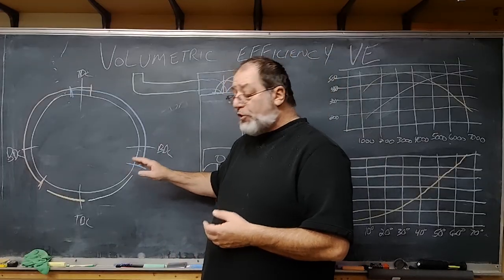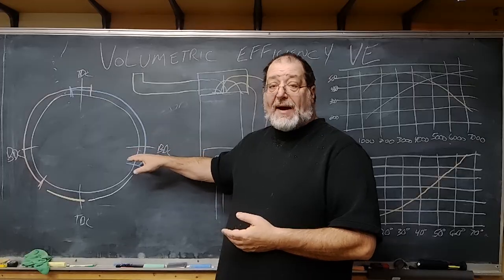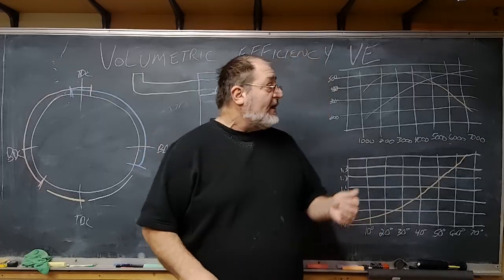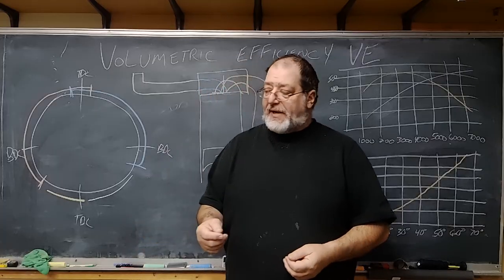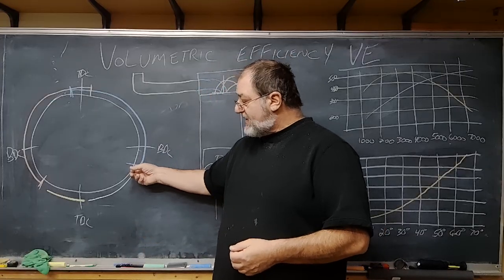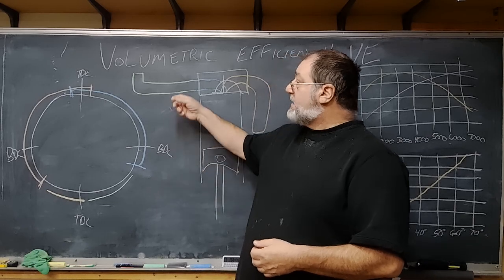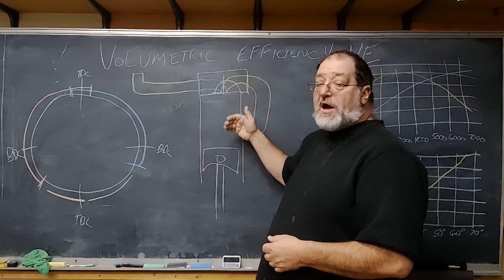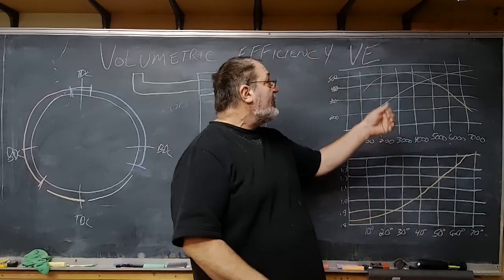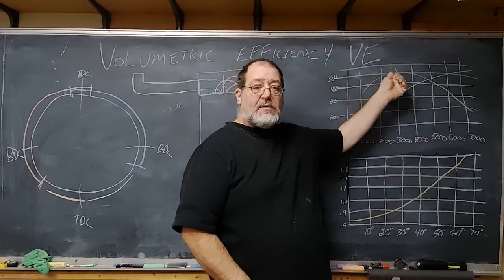You could pull this back and shorten what you need to help down here, and that's what most people do. But in reality, you're better off holding that open longer and getting more airspeed, because you will get more volumetric efficiency and generate more power down here.